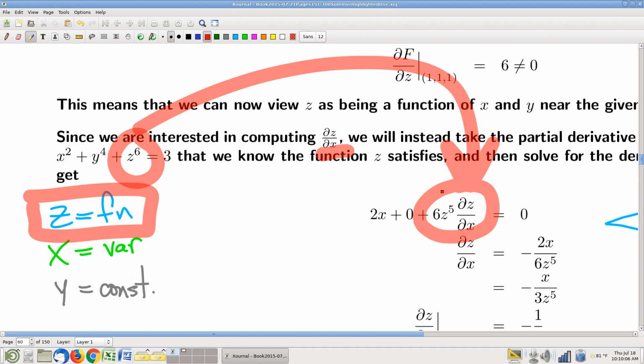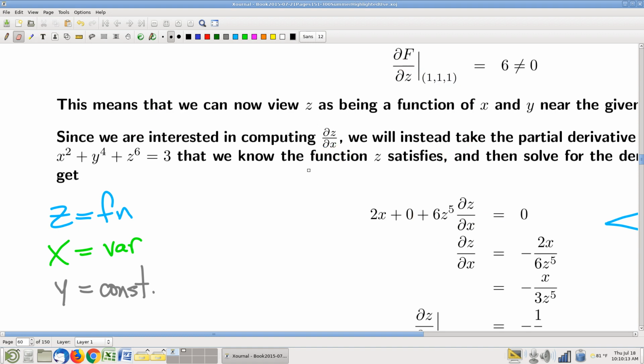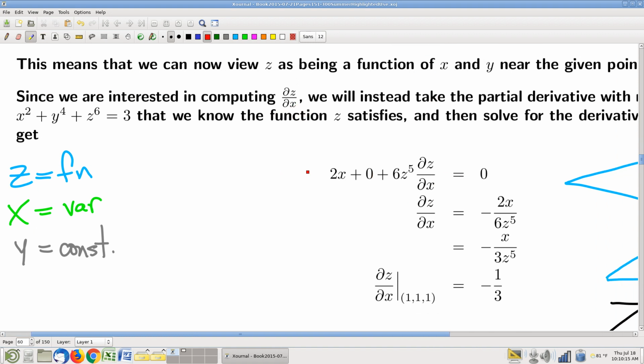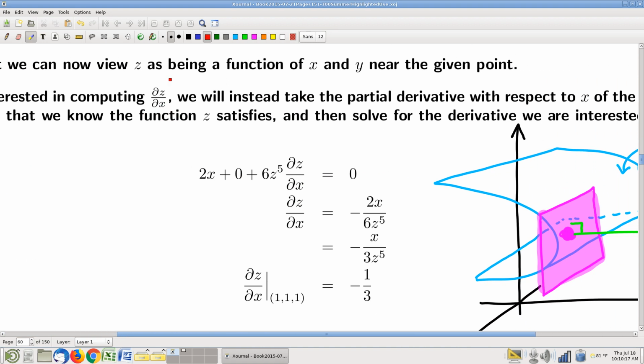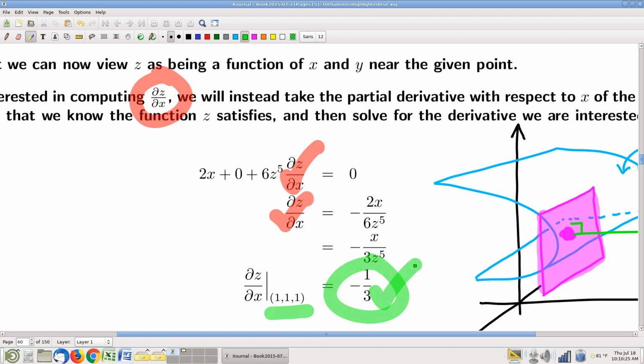So we do have to do the chain rule in writing down the derivative of that third term. And now everything's all over but the shouting. Notice that the partial derivative that we are looking for has showed up. So you solve for it and plug in the appropriate point, and there's your answer. So, yeah. Everybody good? A little tricky.